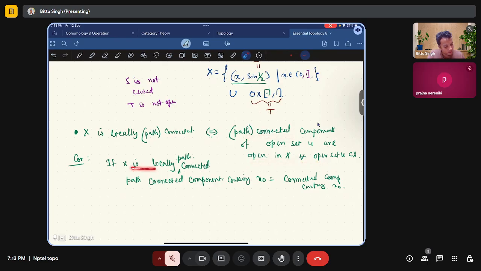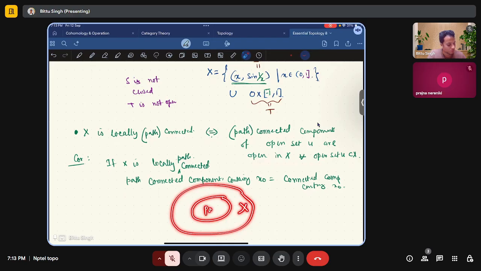So here we are assuming X is locally path connected. Suppose this is one path connected component. This is an open subset of X. Suppose this is not connected, then this can be broken into two open subsets whose union is this component, right? Then what is the contradiction?